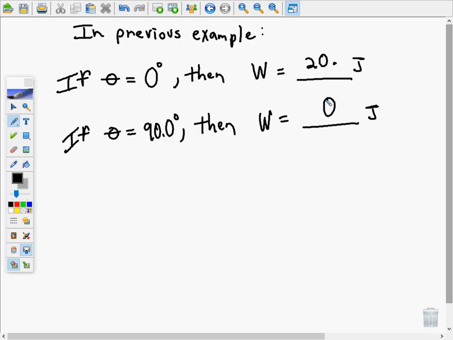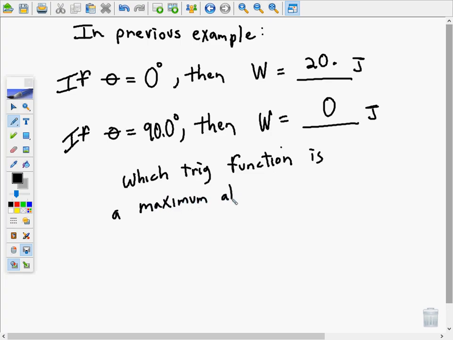And we saw it in the calculation, but let's emphasize this. Which trig function is a maximum at 0 degrees and 0 at 90 degrees?